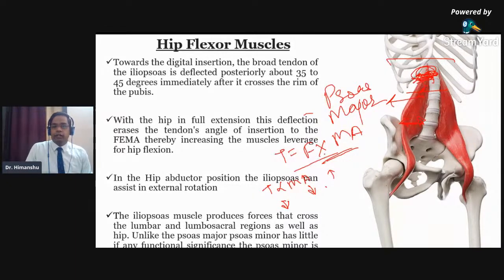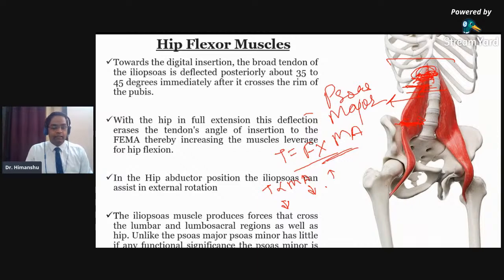So if the moment arm on the upper lumbar spine is lesser for psoas major, the torque generation for the upper lumbar spine by the psoas major will also be lesser as compared to the lower lumbar spine. So I can say that psoas major is a good stabilizer for the upper lumbar spine, and it is a good mobilizer for the lower lumbar spine.